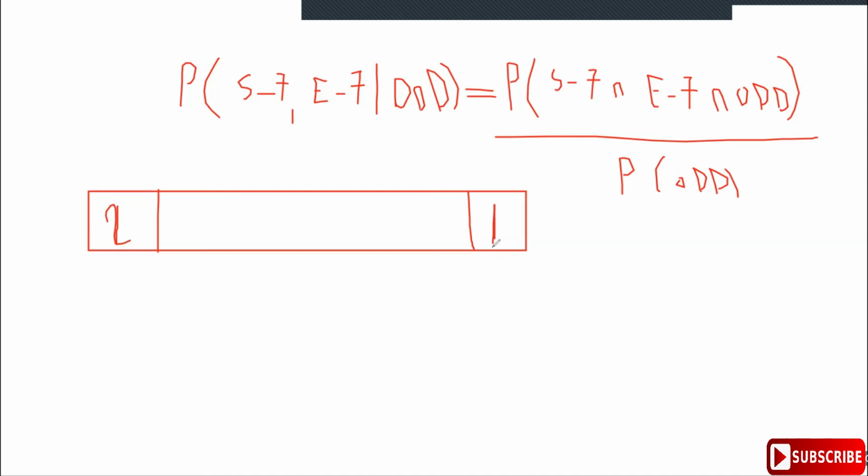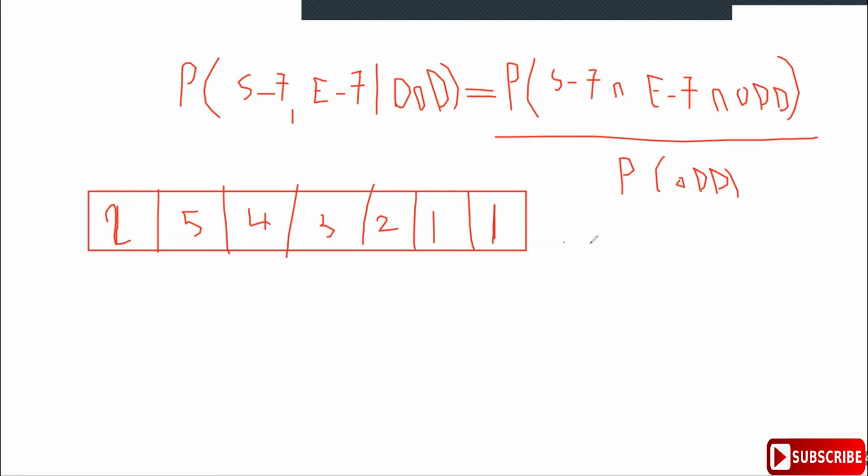Once it ends with 7, how many numbers are left? 5 numbers are left, so this is 5, 4, 3, 2, and 1. This just gives us the number of ways for it to start with 7, end with 7, and be odd. So we just need the number of ways now for it to be odd.